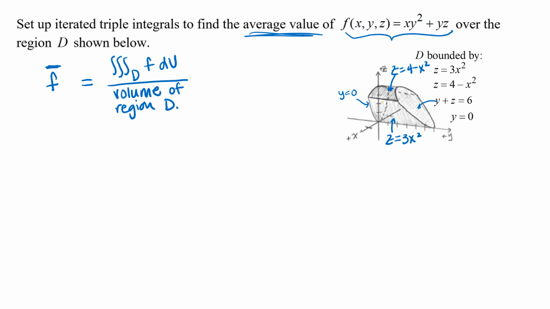Okay, so let's look at the region here and think about whether the region is x simple. So if I draw lines through the region in the direction of increasing x, and again, you want to make sure that you go all the way through the region, top to bottom, forward to backward, in the direction of increasing x.